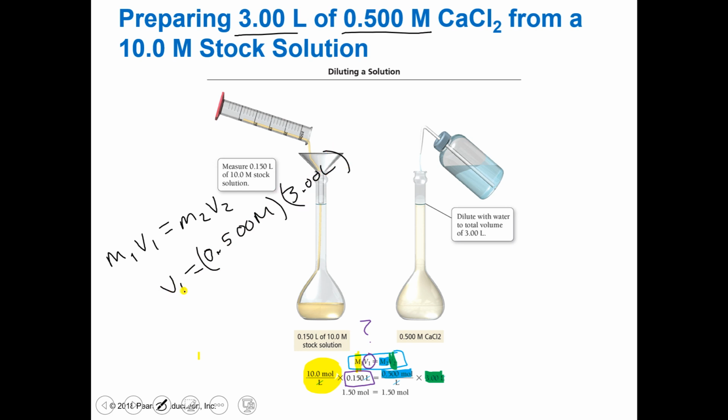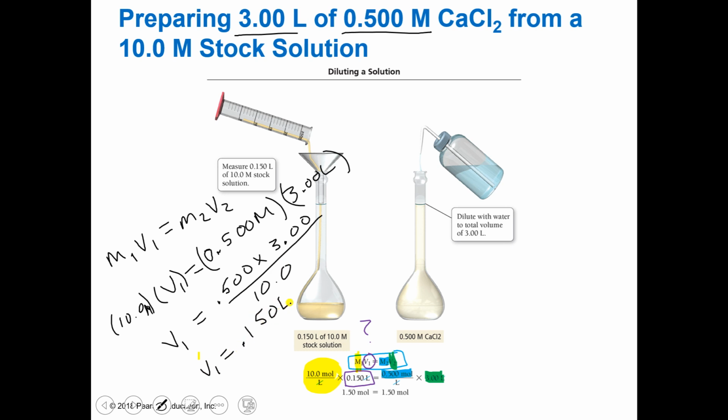We had no idea how much of the highly concentrated amount to use, but we did know that it was 10 molar. So if we just solve for x, or in this case, V1, we are going to have 0.5 times 3 divided by 10, and we get 0.150 liters, or 150 milliliters.